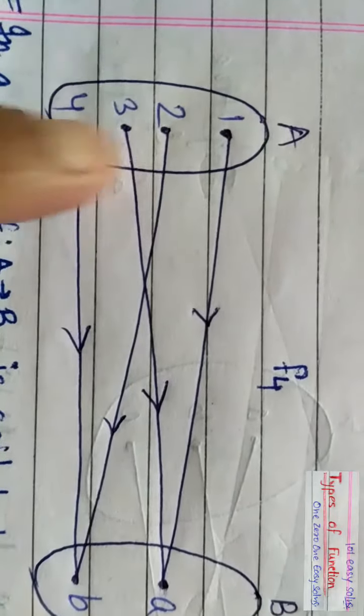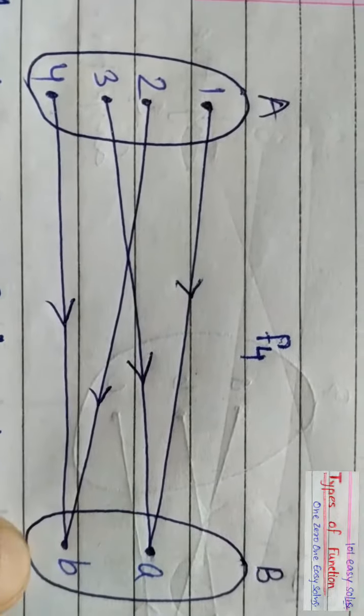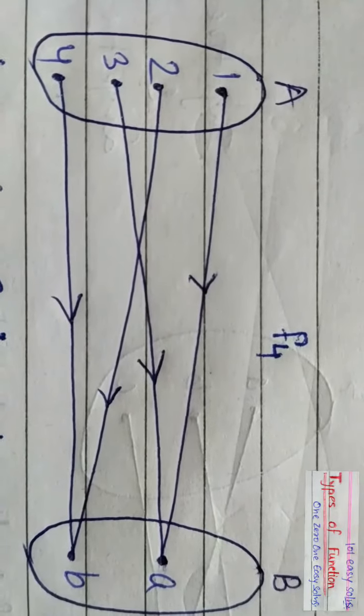So again more than one member of A has the same image in set B. So this type of function is known as many to one.